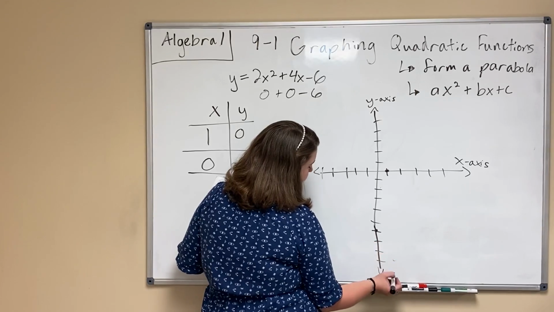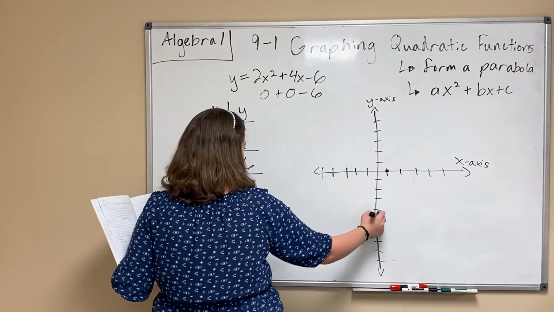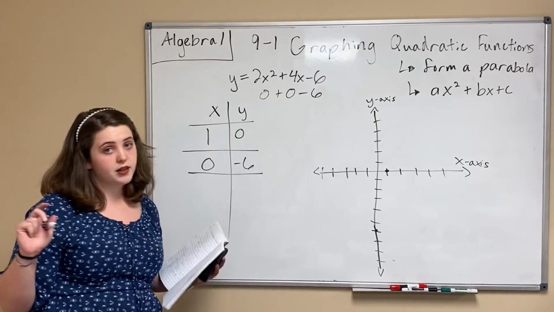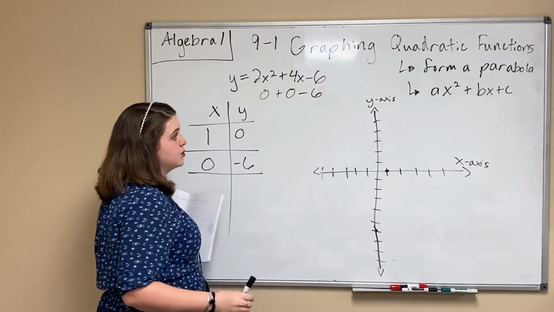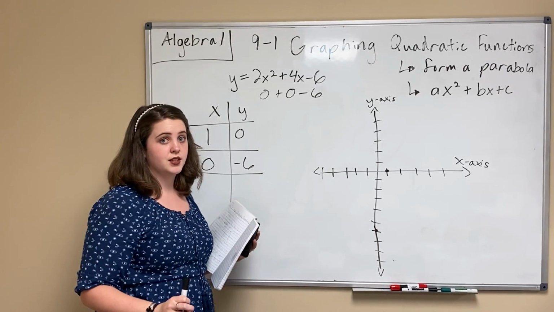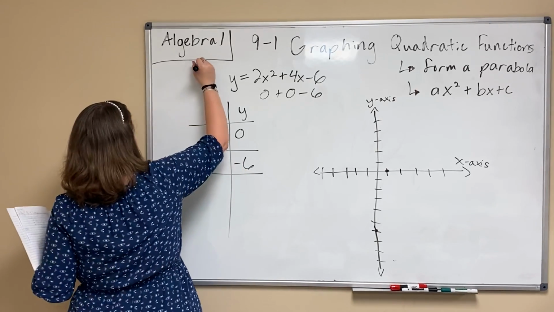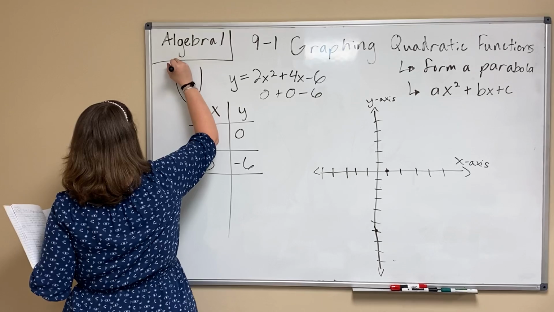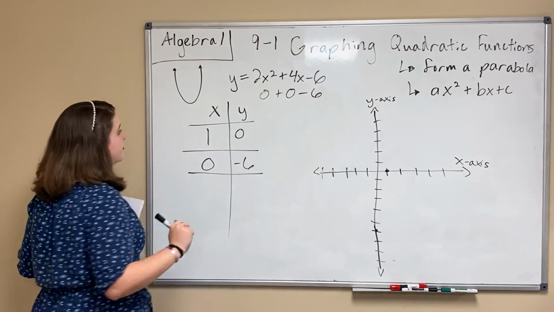Let's go ahead and add a few more. Okay, so it looks like we're already going down. Now what I know about this, just pause for a second. Our a value is positive. So I know in my head that eventually my graph is going to be shaped like this. Right?